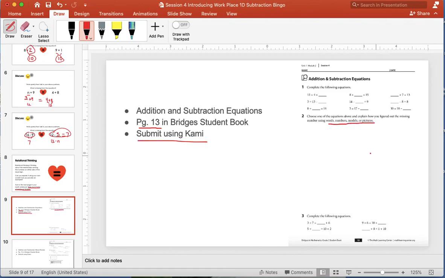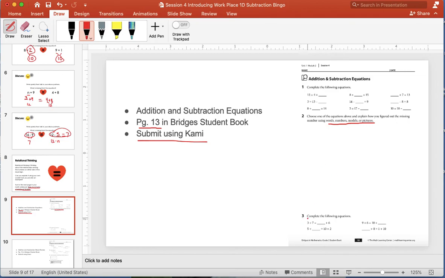So you have to explain your reasoning here. You're going to pick one of these equations and tell me how you got the answer. If you're using words, make sure you are writing in complete sentences, and if you're using numbers, models, or pictures, make sure it's something that I can understand. And make sure it's nice and neat on there.